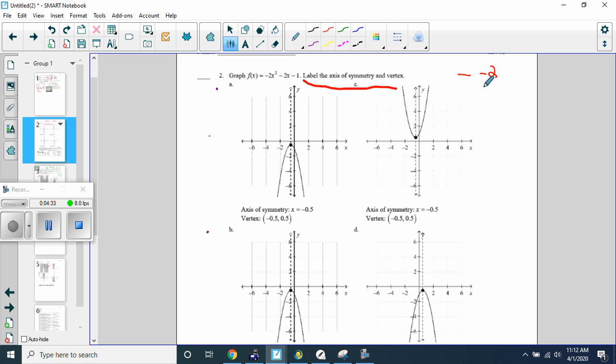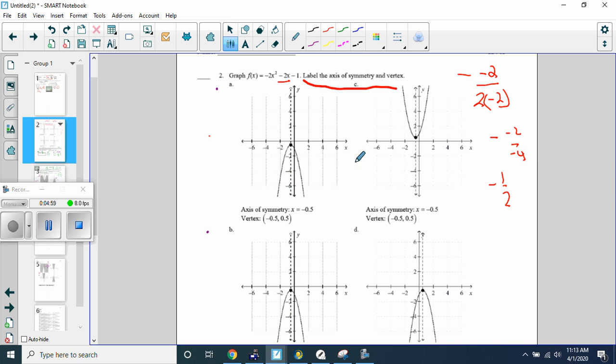So that's negative b, even though b is already negative. We got to put a negative sign in front, over 2 times a, which would be 2 times negative 2. And that makes the axis negative 2 over negative 4, which ends up being, these two negatives cancel, negative 1/2.